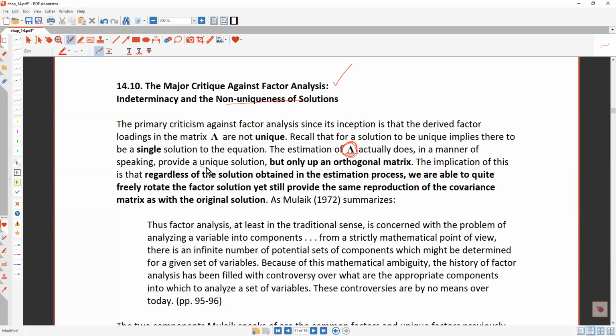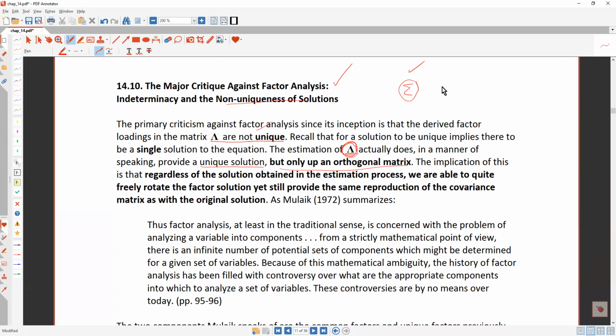we can say it provides a unique solution, but only up to an orthogonal matrix. Okay, so up here we're saying that the loadings are not unique. Well, that's true. The loadings are not unique. But another way of saying that is it produces a unique solution, but only up to an orthogonal matrix. Which means what? Which means you can transform those loadings and still just as well produce this.